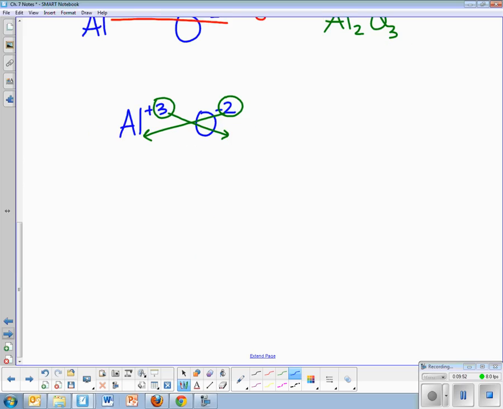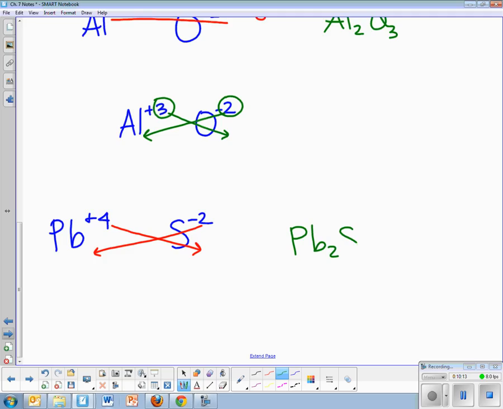For instance, if you had Pb +4 and S -2. Okay? If you crisscross them, so if you put the 4 here and the 2 here, technically that wouldn't be correct. You would get Pb2S4. And the reason it's not is, if you can reduce it, you should.